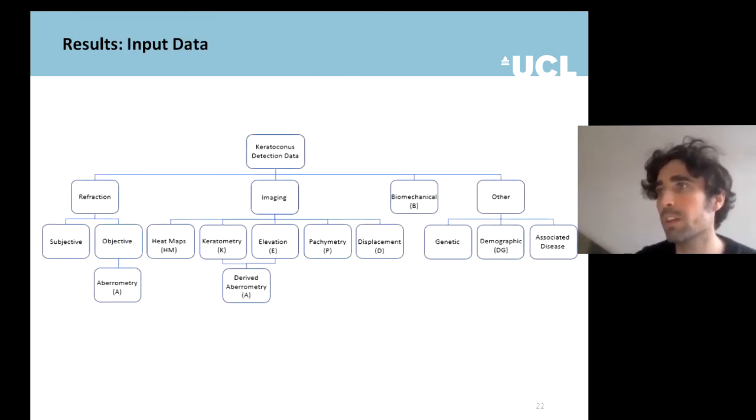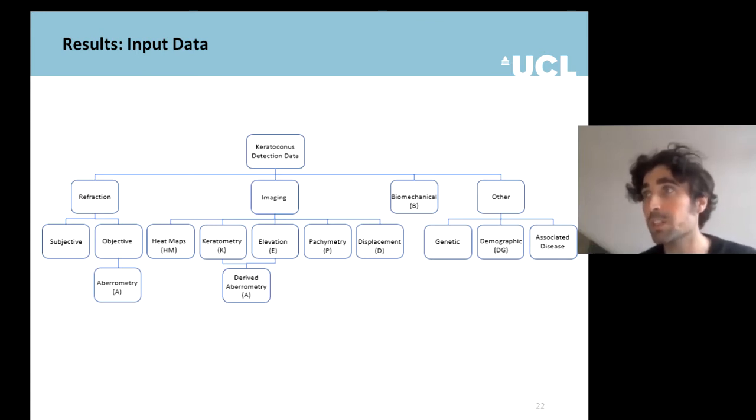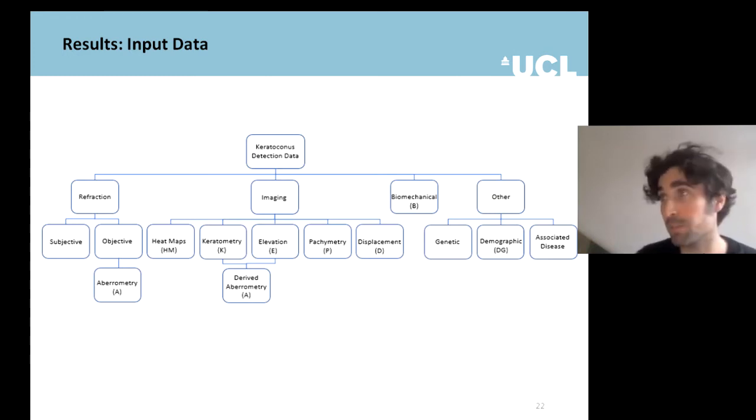So we split the review into 2 parts. First, we looked at the input data that these algorithms use for keratoconus detection. And the second part was looking at the algorithms themselves. So this is a brief hierarchy of the input data that is used for keratoconus detection. There's 4 main types. There's refraction data, which is how well the eye bends light onto the retina.